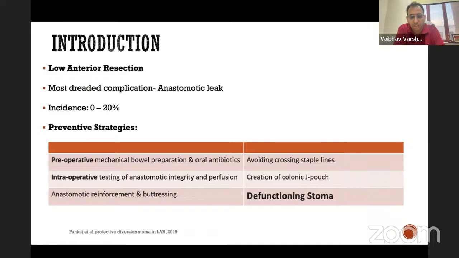That is done because the side is more vascular and there is less tension on the mesentery, which helps in prevention of anastomotic leak. And the last is the defunctioning stoma. Now we will discuss whether it actually decreases the severity of leak or the incidence of anastomotic leak.